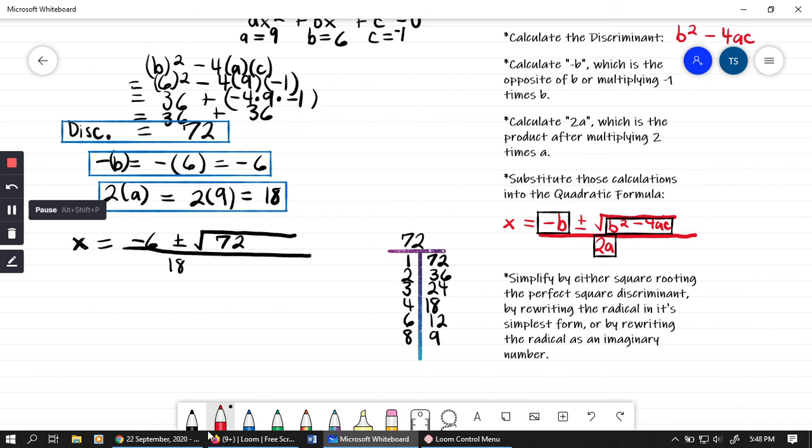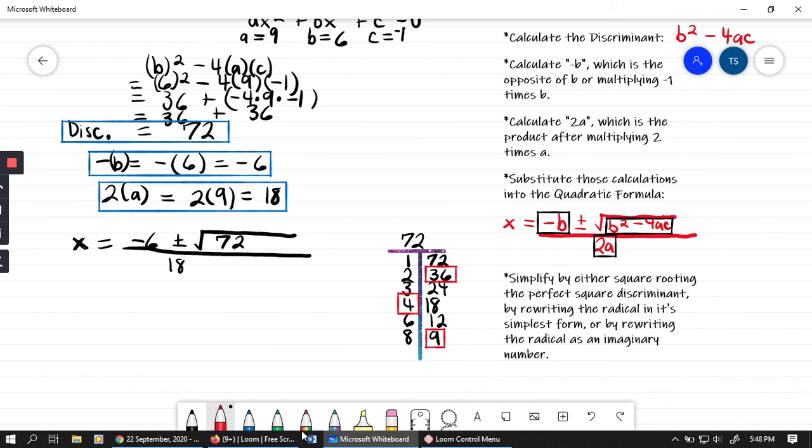Those factors there that are perfect squares: 36, 4, and 9. And again, we want to pick that pair of factors that has the largest perfect square. So the pair of factors that has the largest perfect square, we can clearly see that's the pair that has 36, right?